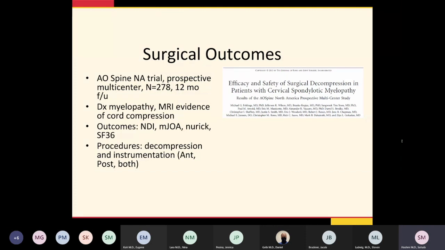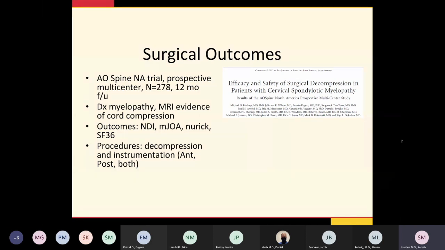Moving on to our surgical outcomes, I think there's been a very large study that should be mentioned in the talk of surgical management, which would be the AO Spine North America trial, a multi-center prospective study that included 278 patients with 12-month follow-up. Diagnosis of myelopathy with MRI evidence was required for inclusion. The outcomes they looked at were the Neck Disability Index, JOA classification, neurologic and functional scores with SF-36.